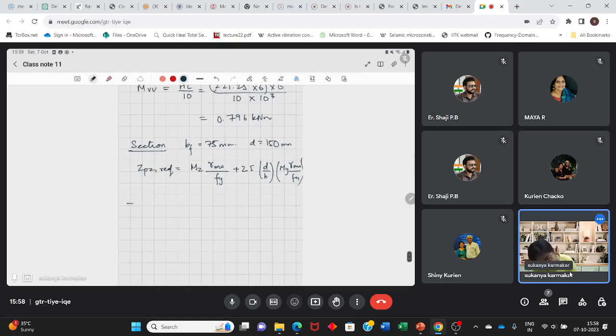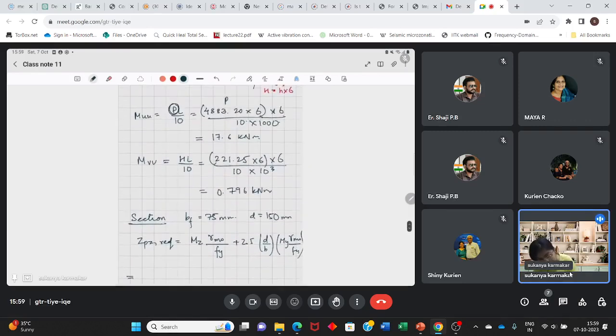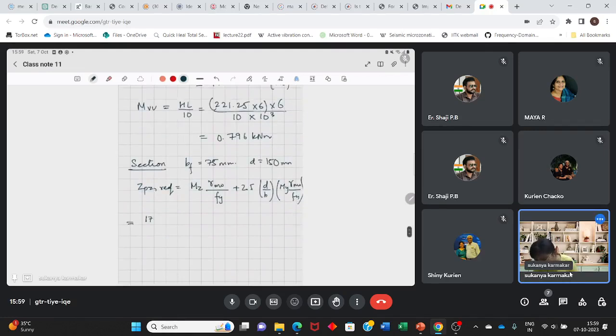MZ, or the major axis moment, is this, which is 17.6 into 10 to the power 6 to convert it into Newton mm.